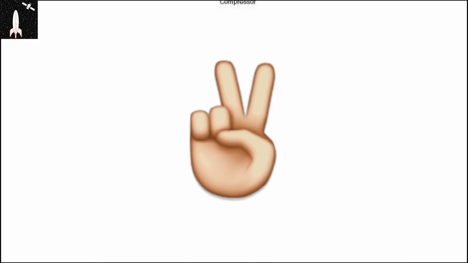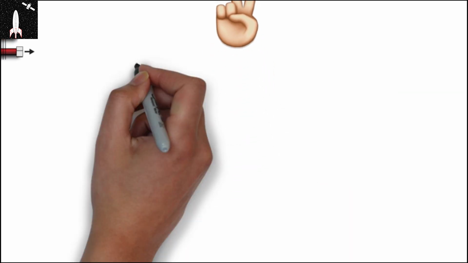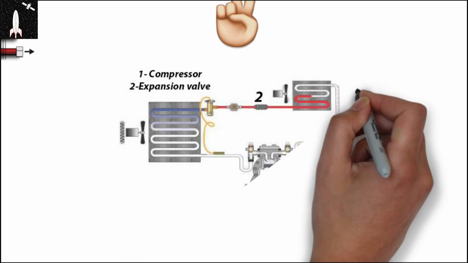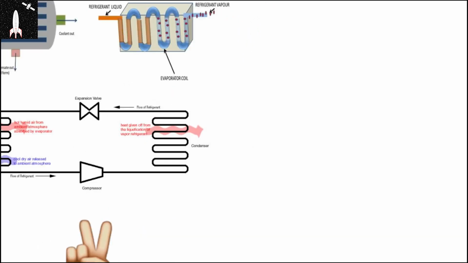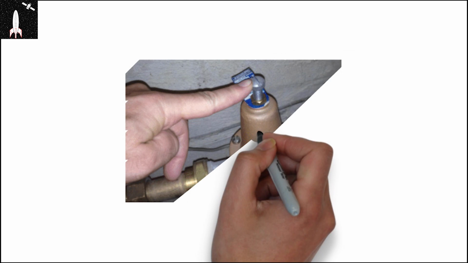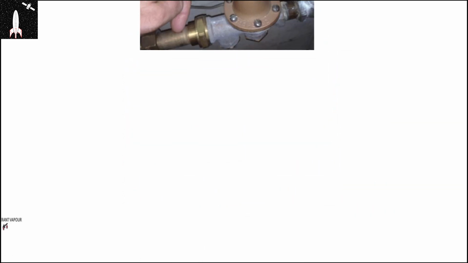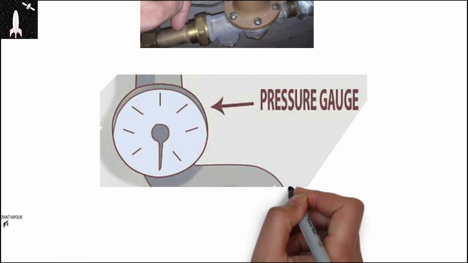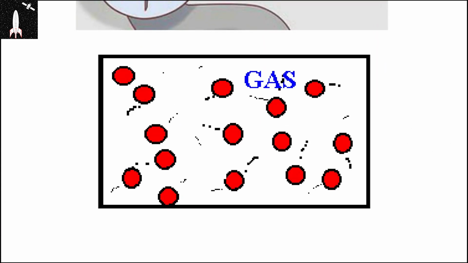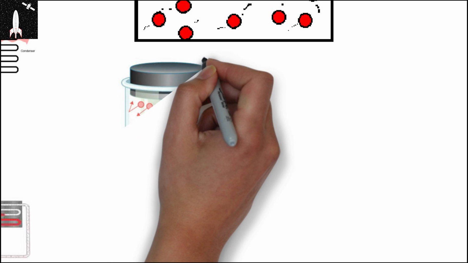To achieve this principle practically, we need two more components, a compressor and an expansion valve, in between the evaporator and the condenser. Now the main work of the compressor is to increase the pressure of the refrigerant. The compressor handles the refrigerant in its gaseous state, so that when it compresses the gas, the temperature rises along with the pressure.